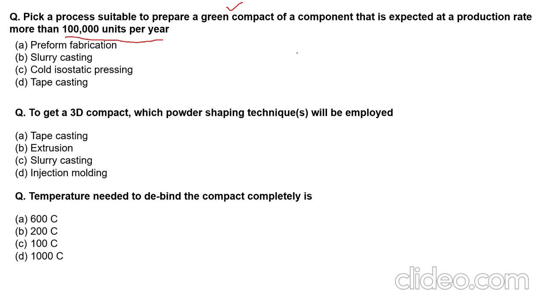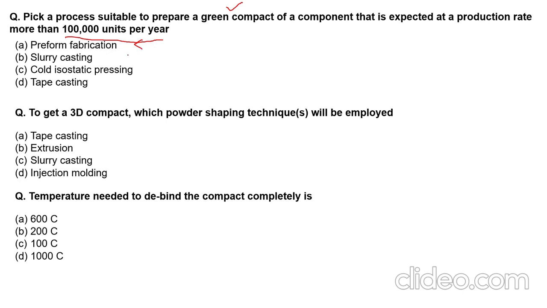So based on how much can be produced per year, we have different categories of products that can be produced. Based on this large amount per year, we need a technique that will be sustainable. For this large-scale sustaining technique, which of the techniques will be suitable? Is it preform fabrication, slurry casting, cold isostatic pressing, or tape casting?